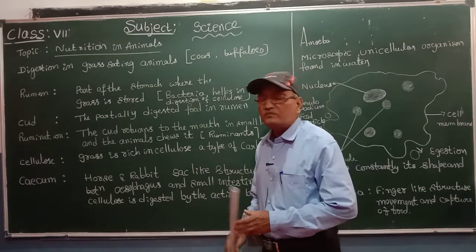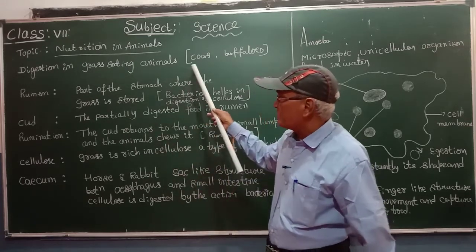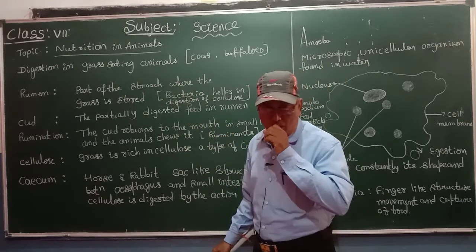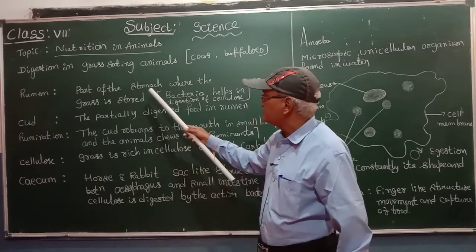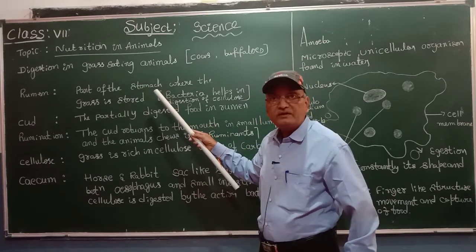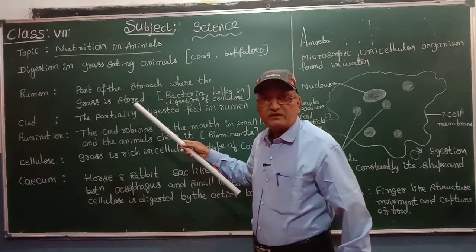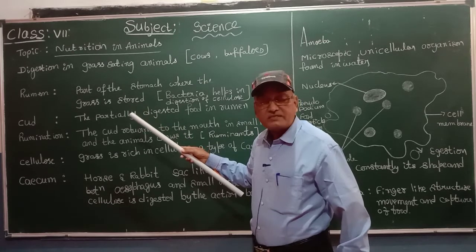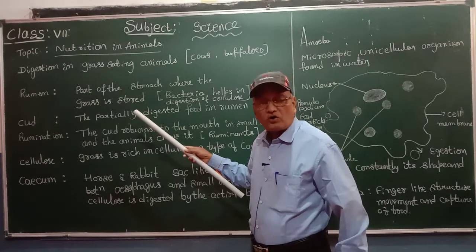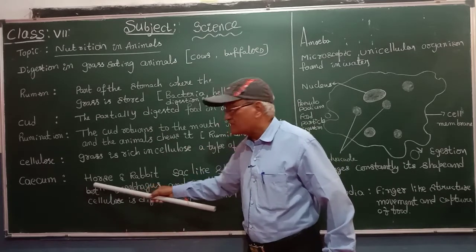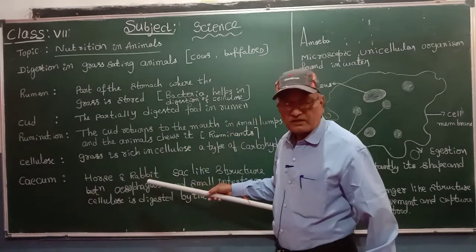In the case of buffaloes and cows, bacteria present in the rumen help in the digestion of cellulose, which is very rich in grass, a type of carbohydrate. Whereas some animals like horse and rabbit also eat grass.